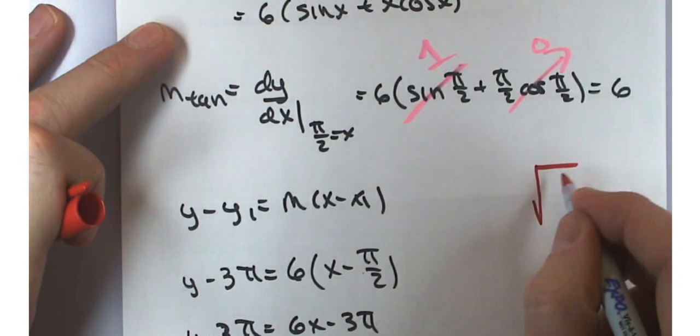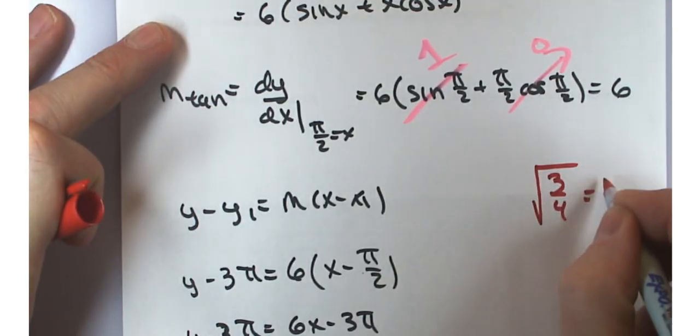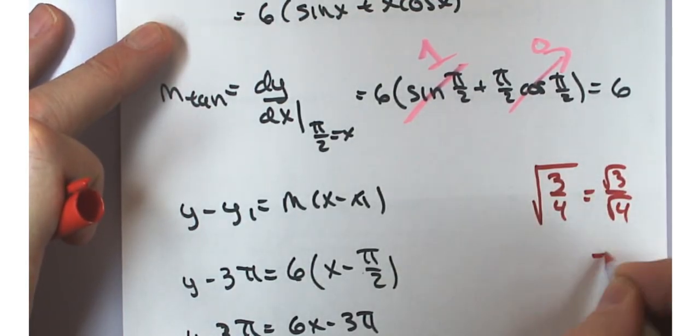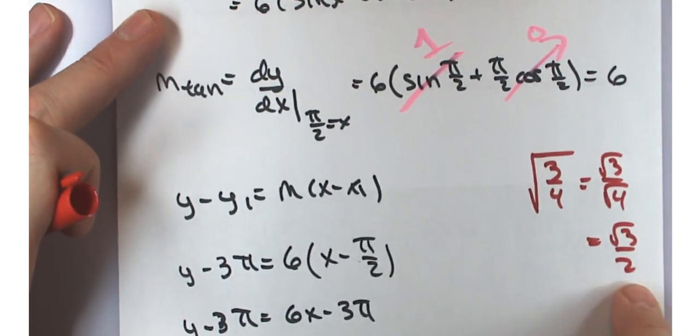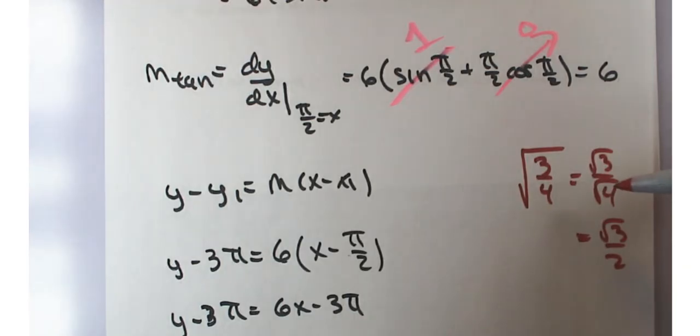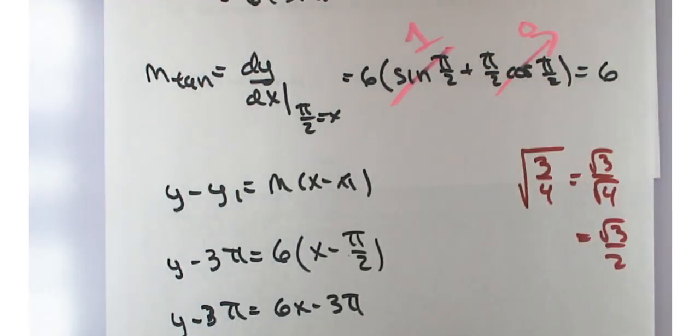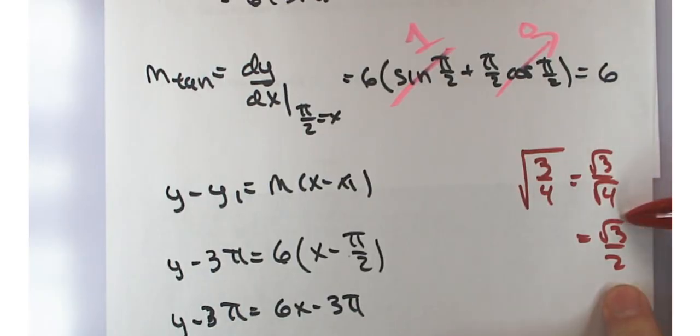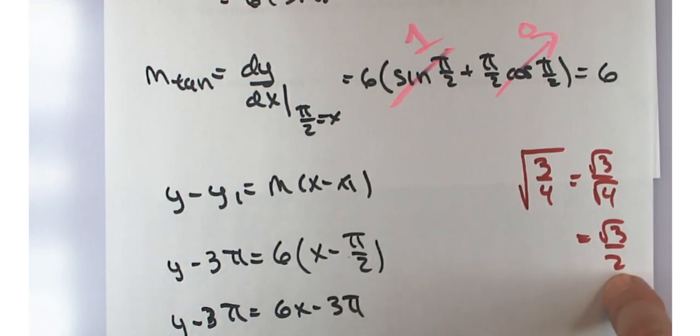The square root of 3/4 is the square root of 3 over the square root of 4, or better yet, the square root of 3 over 2. That's the kind of answer you're going to need sometimes when you're trying to get an exact answer that WebAssign or I will ask for. If you're just asked for a numerical approximation, sure, you can get away with 0.8660, but if you're looking for exact numbers, and oftentimes I am, then you can do stuff like that to remind yourself what these things are.